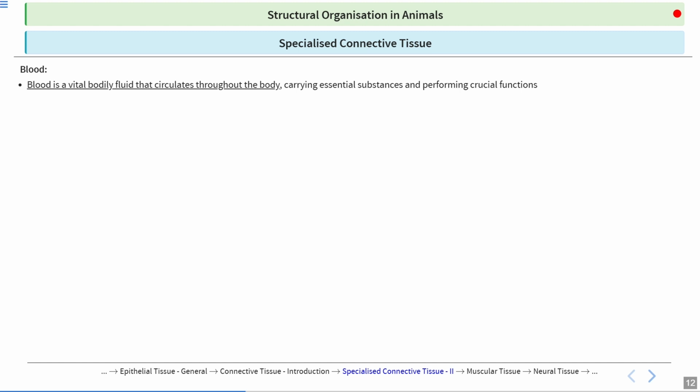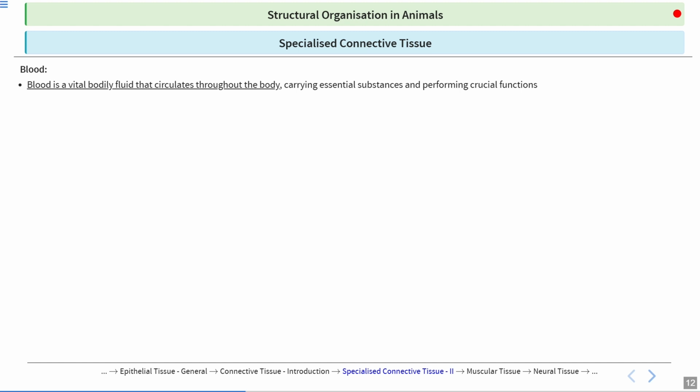This tissue moves from one place to another in the body, and we pump it with the help of another organ called the heart, right? That is a pumping organ. So this pumping organ is pumping a type of tissue, that is blood, right? It carries essential substances and performs a circulatory function.